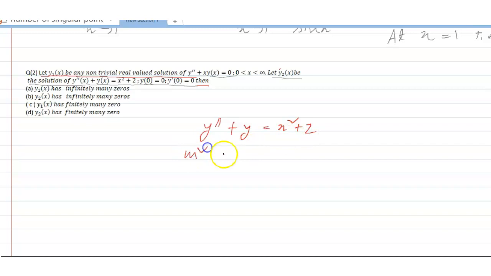So I have to find the auxiliary equation.